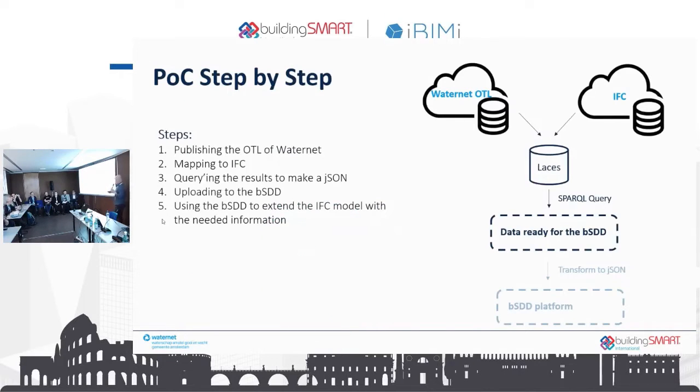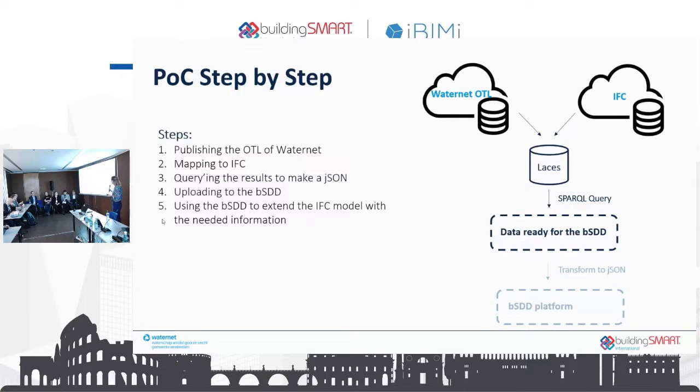And how do we do that? This is a bit of a technical part. So we have our Waternet ontology, which is published in this tool called Laces, which we are using. And then we, of course, took the IFC ontology to map the entities we have in our ontology to the IFC entities.